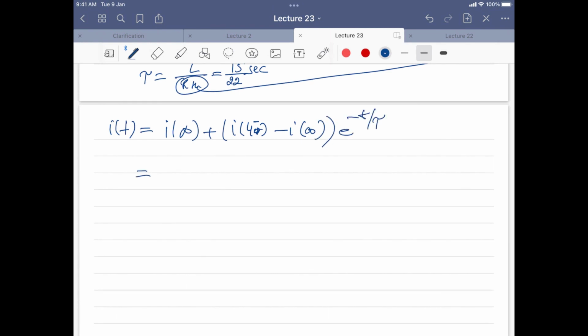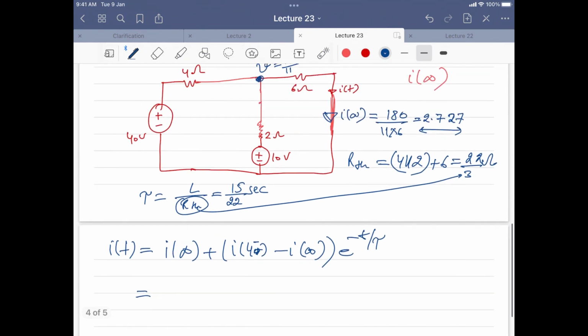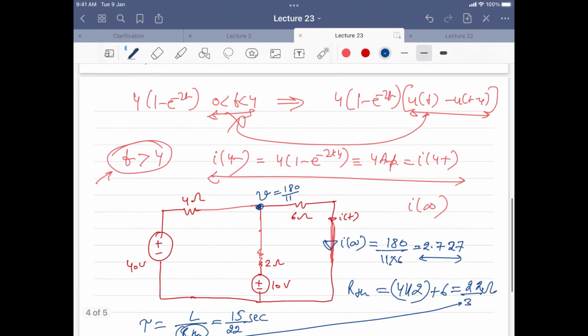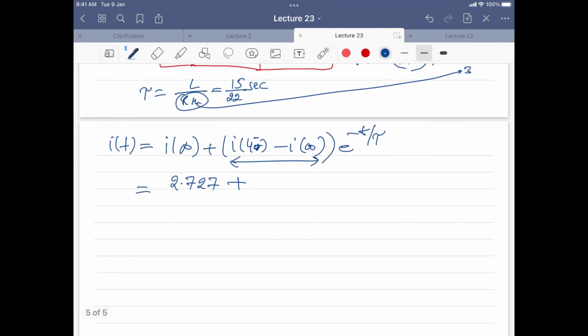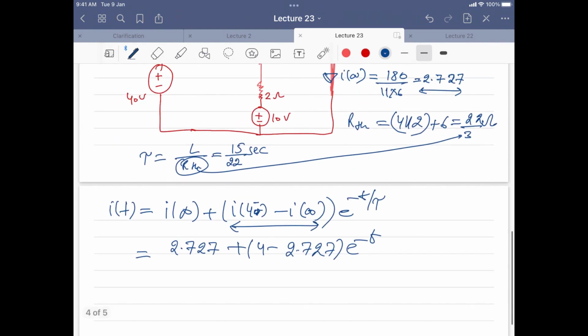I infinity you have calculated already, it's 2.727. Then you can use I at 4 plus, which is 4 amperes. So once you put this value, this is 4 minus 2.727 e to the power minus t by tau. One mistake I have made. It's t minus 4, right, very good. Yes, this is the mistake. So it's t minus 4 now, because the switching action is taking place after 4.